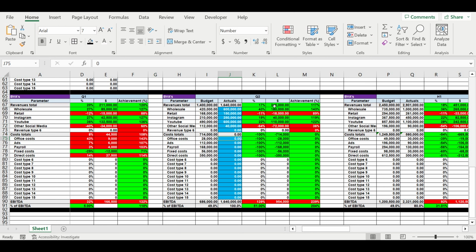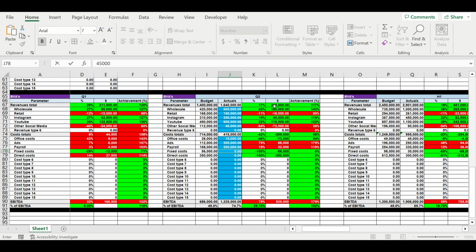Office expenses will be like $15,000, for example, advertising will be 200,000. Payroll will be this. Fixed expenses will be this, and direct expenses will be 400k.